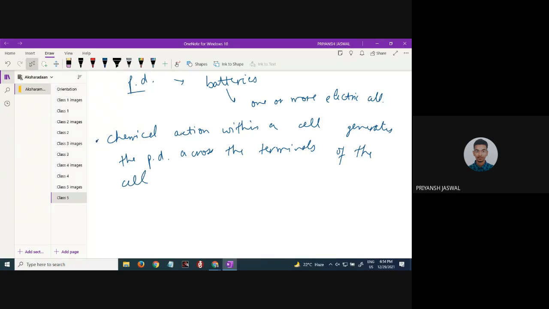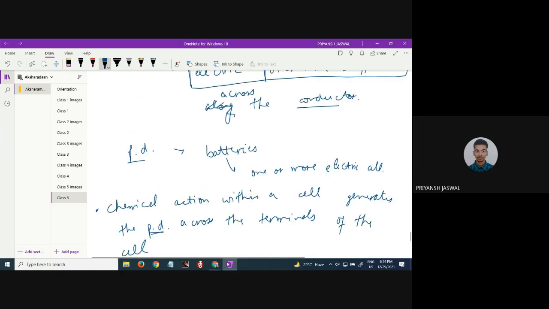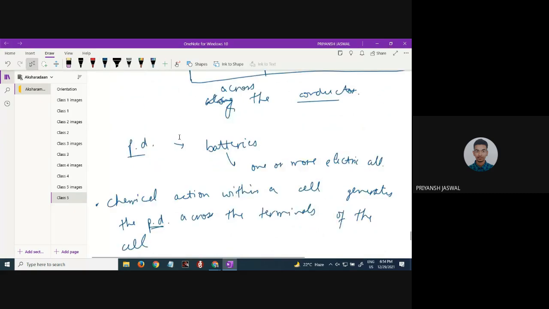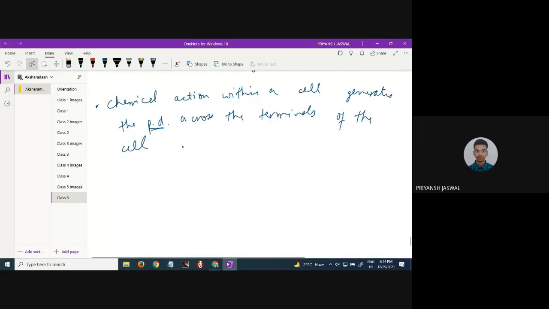There is some chemical reaction inside the cell that generates the potential difference across the terminals of the cell, and this potential difference is the electric potential difference, which makes the charges flow from one point to another point inside a conductor.